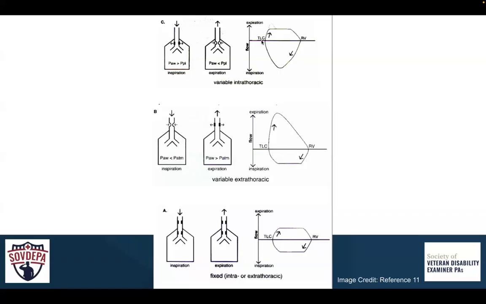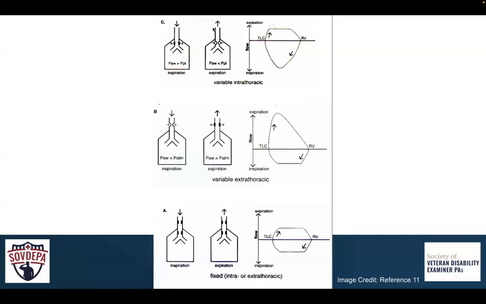And the reason why the expiration loop is so reduced in an intrathoracic obstruction. So here's the obstruction, okay? Intrathoracic. Is because when you inspire, that airway pressure, whatever is doing the obstruction, most commonly like a tumor, that pressure is pushing open the airway from inspiring.